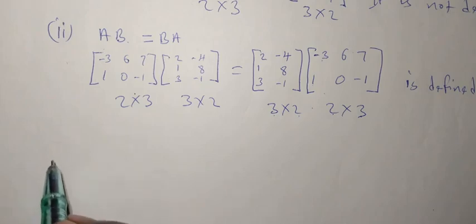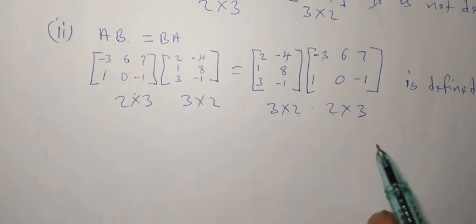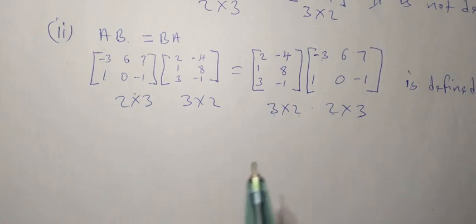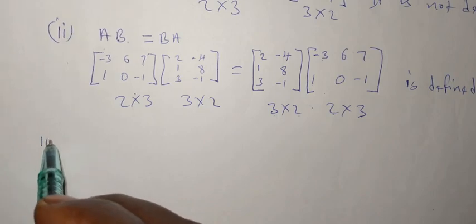You can actually go further and multiply this one to see whether it's okay. By the time we multiply, the left hand side will be equal to the right hand side. So let's see the third question.